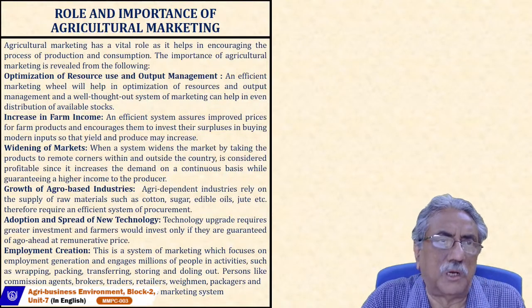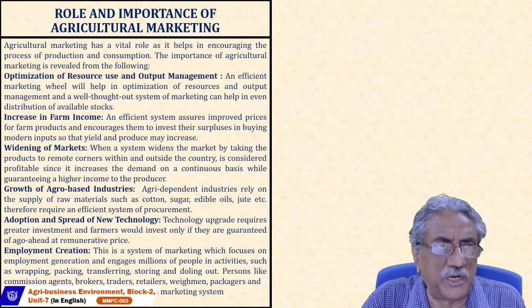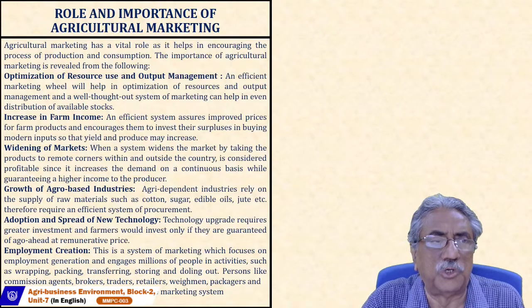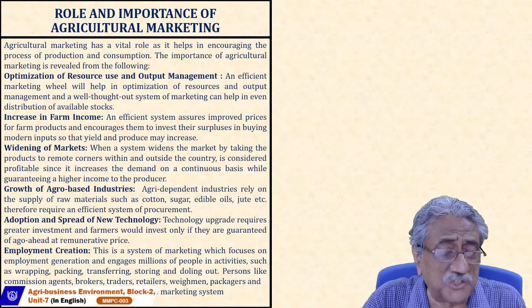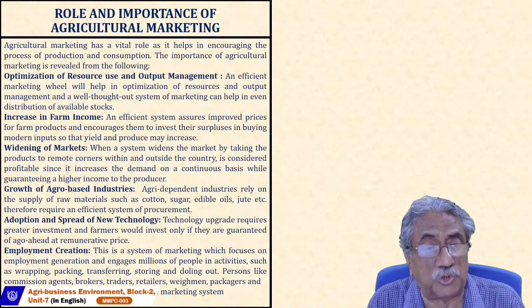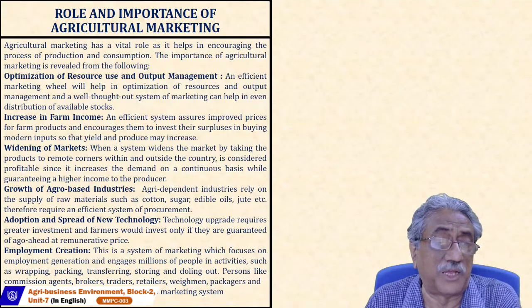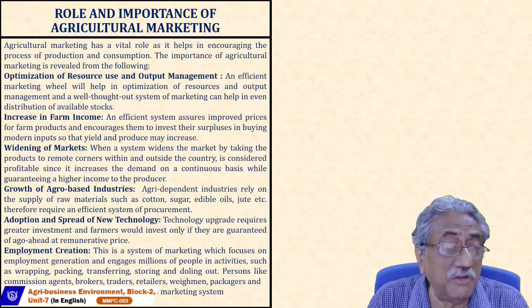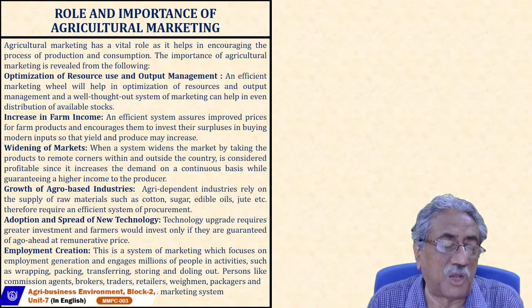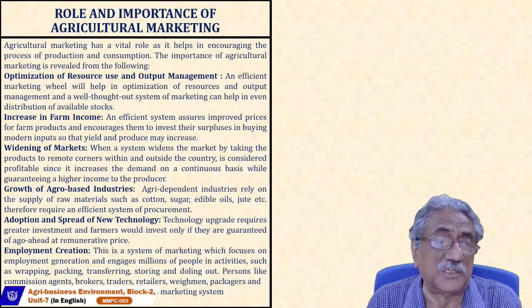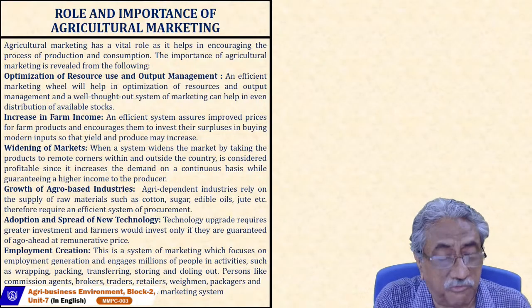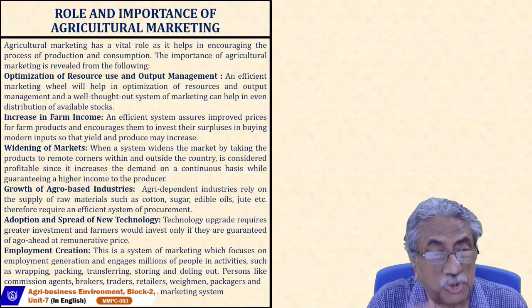There is a good role and importance of agriculture marketing: optimization of resource use, increase in farm income, widening of markets, growth of agro-based industries. If the marketing people are doing a good job, agro-based industries can be certain of their raw material supply and grow. And if farmers are sure of selling their products regularly, they can invest in new farm tools and equipment and produce more.